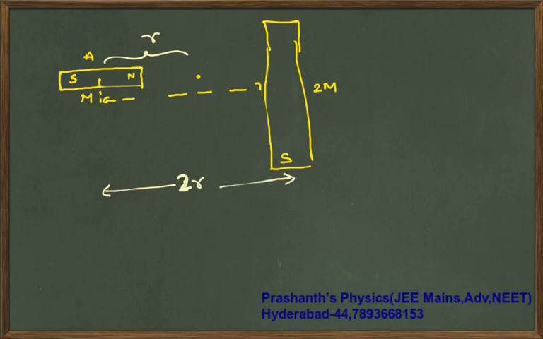What you are supposed to do is give the magnetic field at P, at the midpoint, at point P. Try to give the magnetic field, find B P bar is your question.